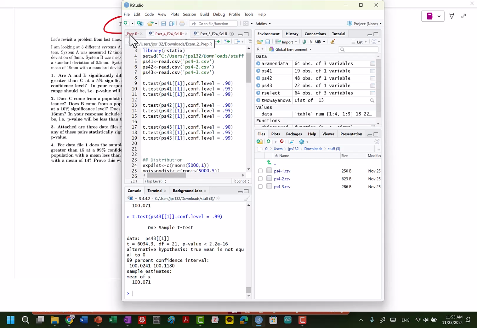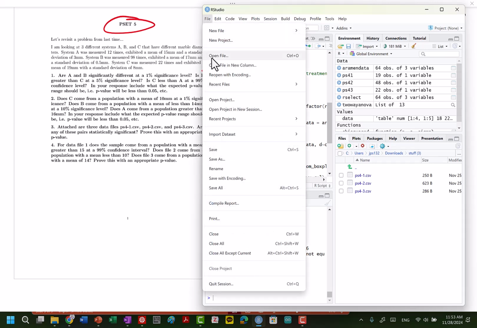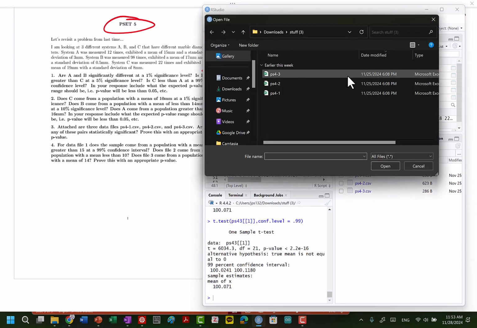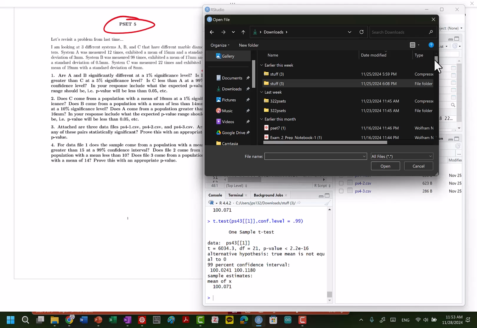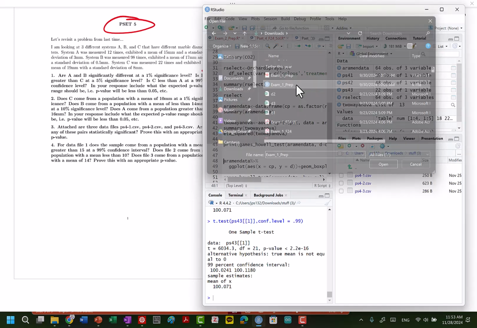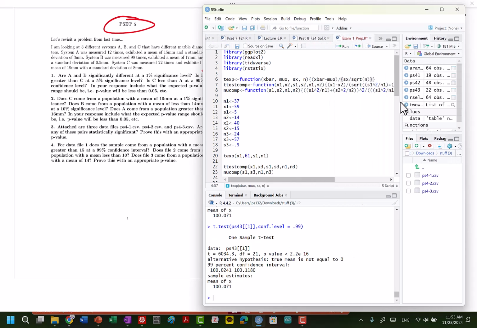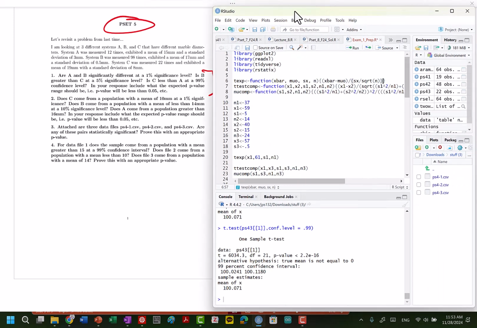I'm going to pull up our exam 1 prep file. There should be an exam 1 prep, exam 2 prep. I'm going to use essentially these functions, and I'm going to start and define some values here.